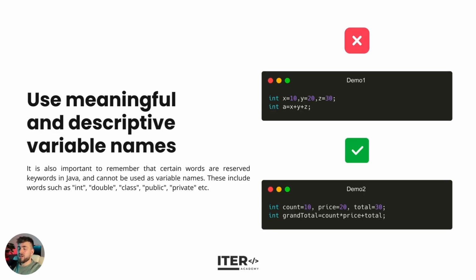Remember that variable names are case sensitive and that certain keywords are reserved in Java and cannot be used as variable names. By following these guidelines, your code will be more readable and easy to understand.